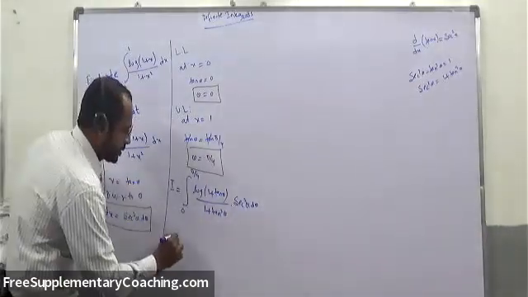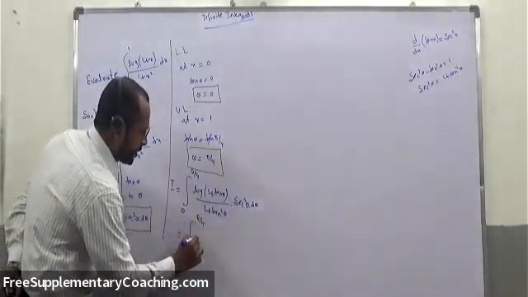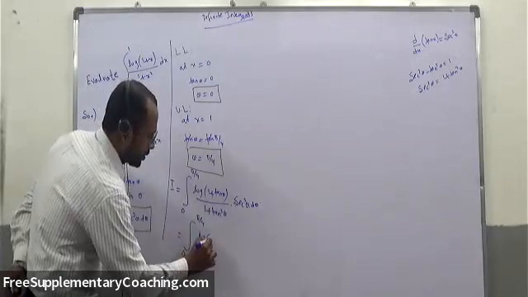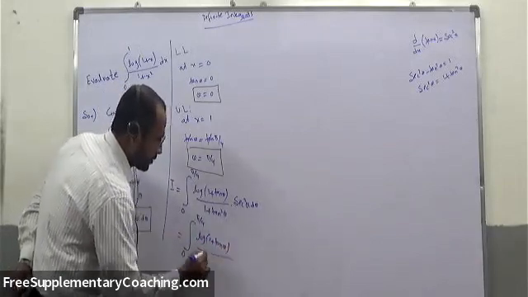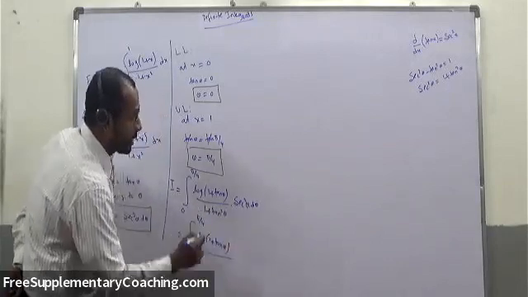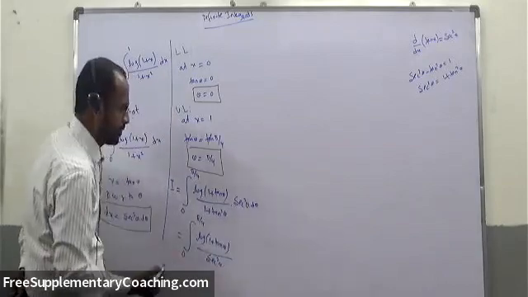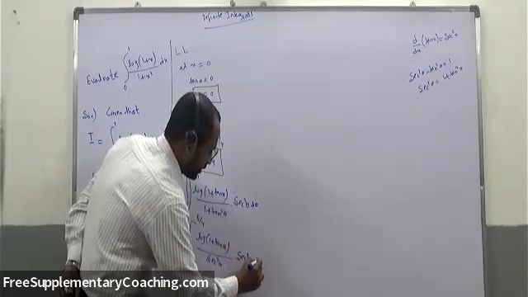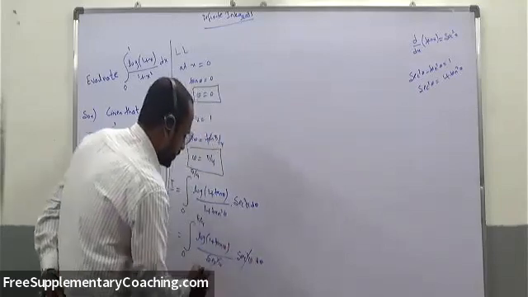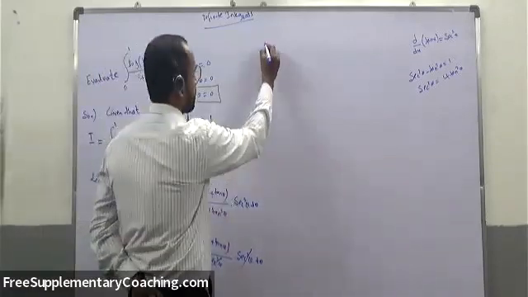So integration of 0 to pi by 4 of log(1 plus tan theta), as it is, divided by secant square theta into secant square theta into d theta. This and this get cancelled. So finally, what we are getting?